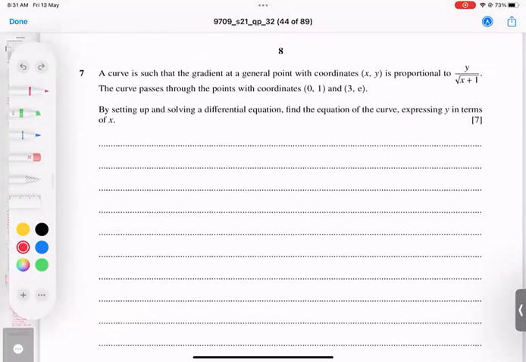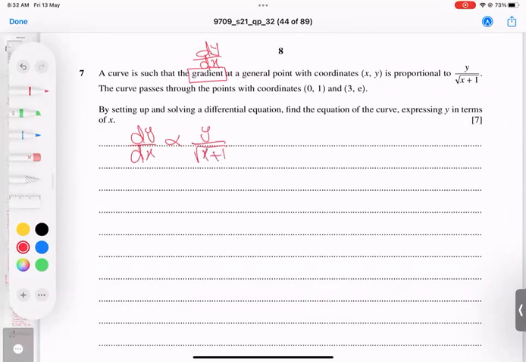Question number 7. A curve is such that its gradient, all of you are familiar, gradient is also called derivative, is proportional to this. So dy over dx is proportional to y over root of 2x plus 1.